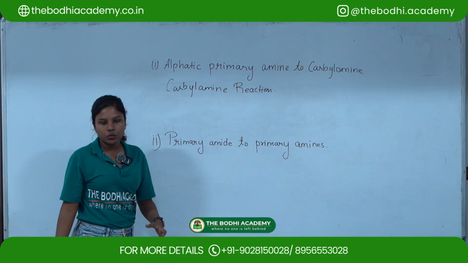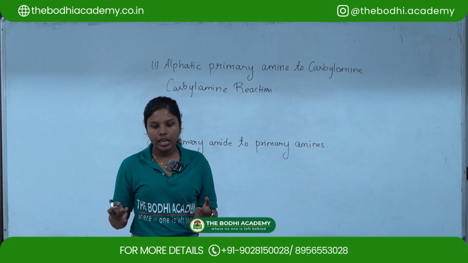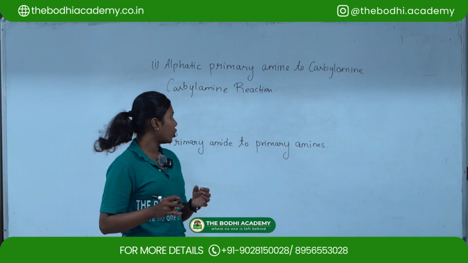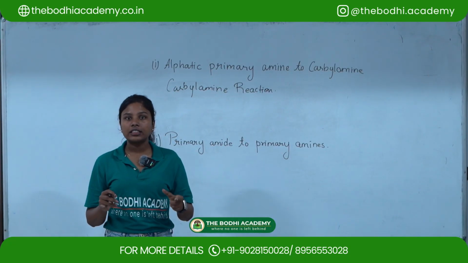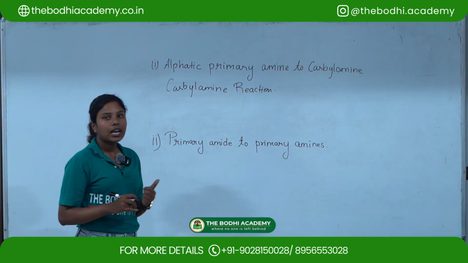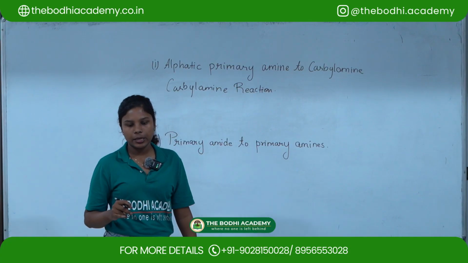So in this reaction what is happening? We have an aliphatic or aromatic primary amine which on heating with chloroform, that is CHCl3, in the presence of ethanolic potassium hydroxide, forms isocyanide, or carbylamine.